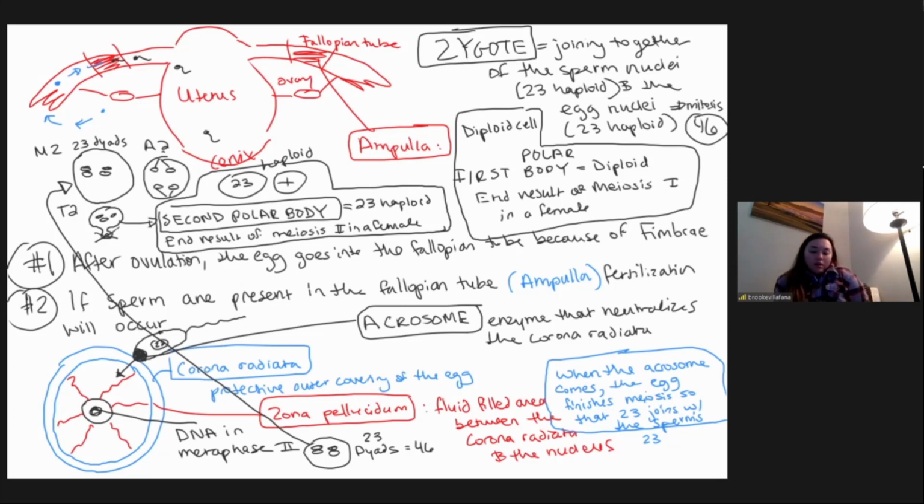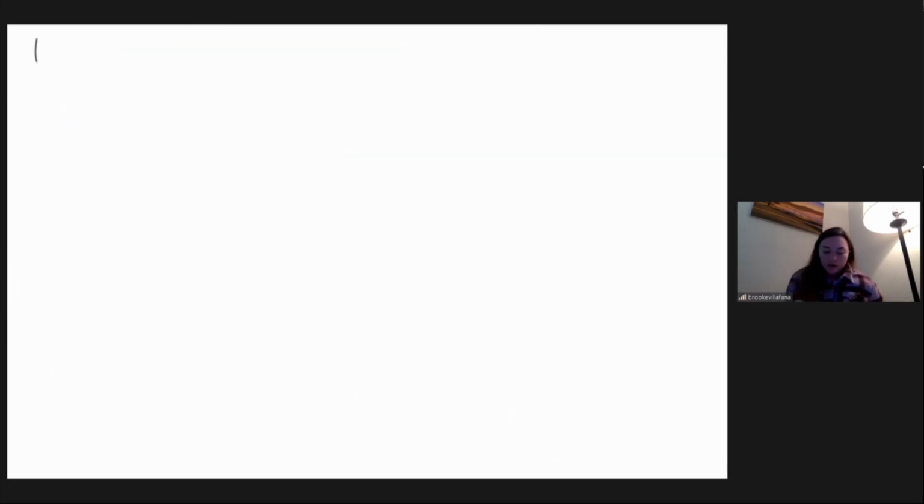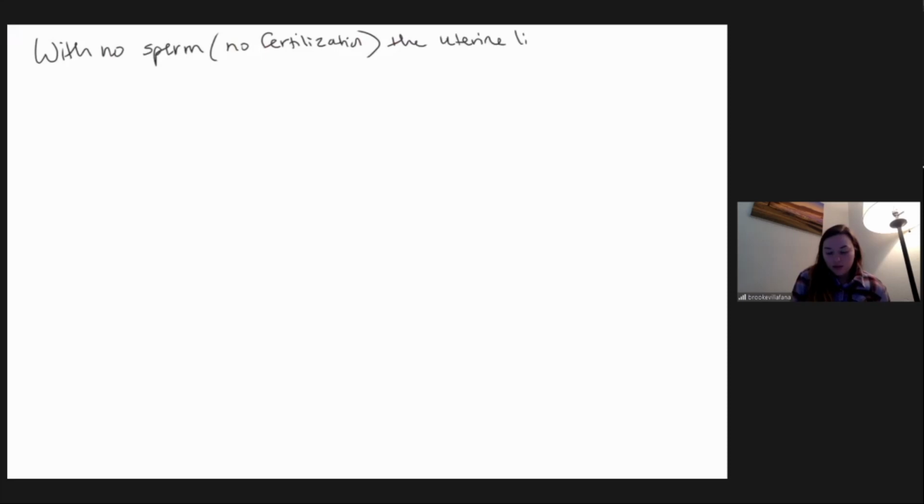Okay, so really quickly, what would happen if we did not get this sperm? What causes meiosis to finish for a female? The sperm entering the egg, right? So with no sperm, so no fertilization, the uterine lining sheds, right? And that's menstruation.